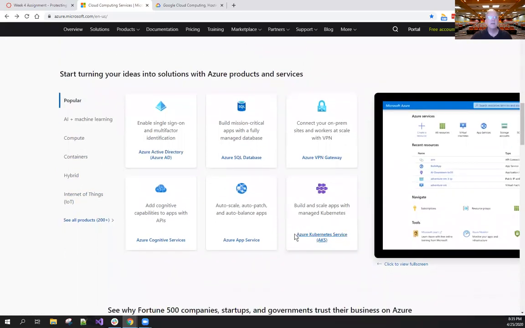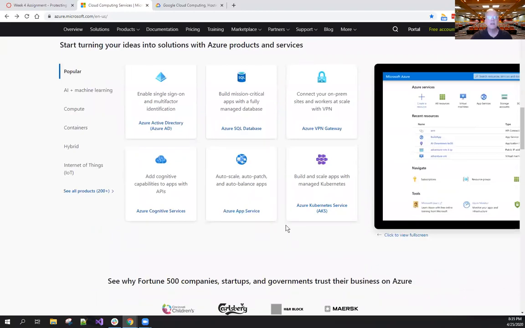So let us look to see, do they got Kubernetes, containers, Azure SQL database. They like their relational database, so they can make lots of money with that. App service, hardcore, patch-on balance. That might be their serverless.